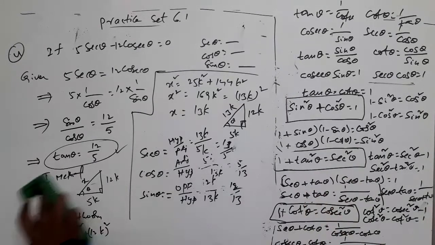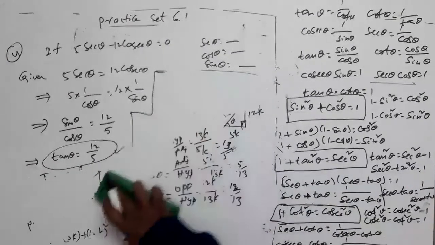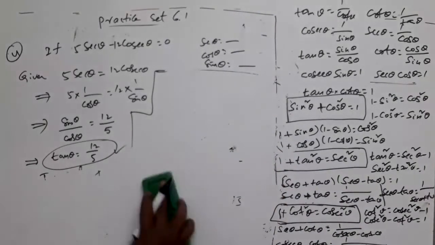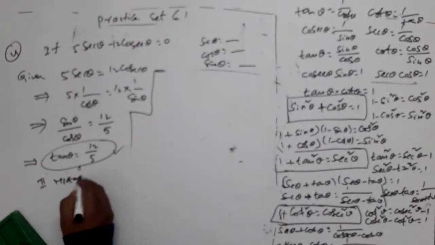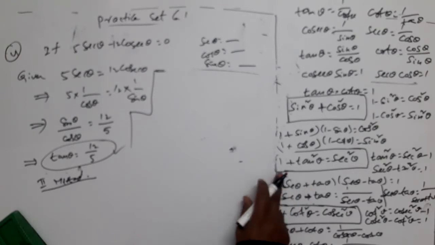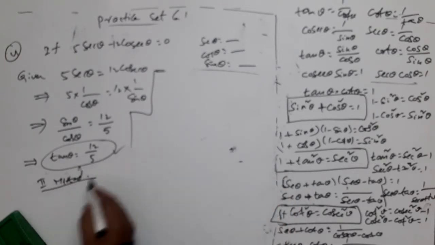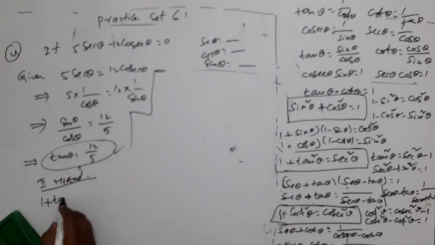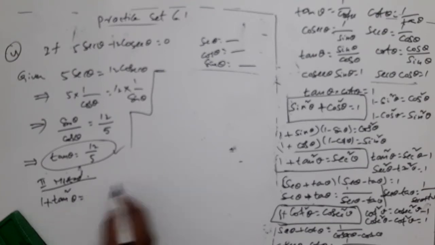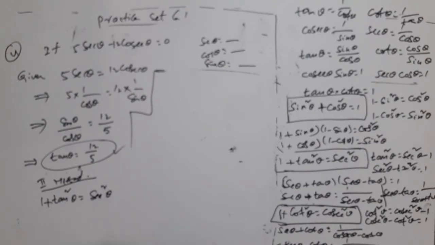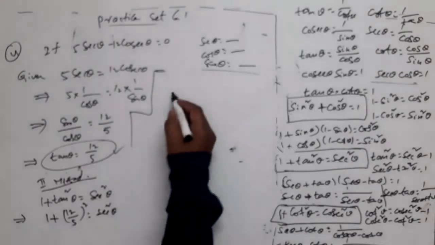Let us solve the second method, using the second identity, because we know tan theta. 1 plus tan square theta is secant square theta. So 1 plus, I am substituting the value of tan theta, 12 by 5 substituted.